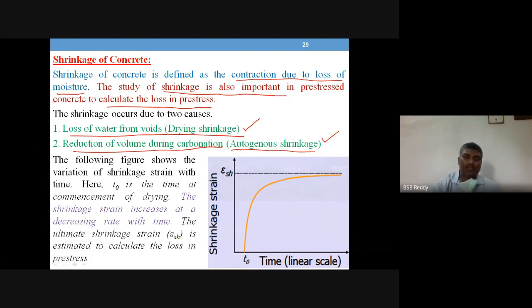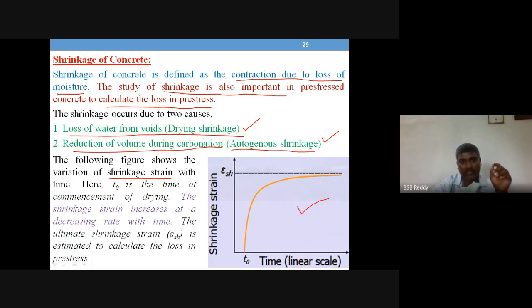Okay, so there is a diagram given here. If you can observe the variation of shrinkage strain, we calculate the shrinkage property. This is a property, and you have to quantify how much. So we talk about it in terms of strain, that is, how much reduction in the dimension.